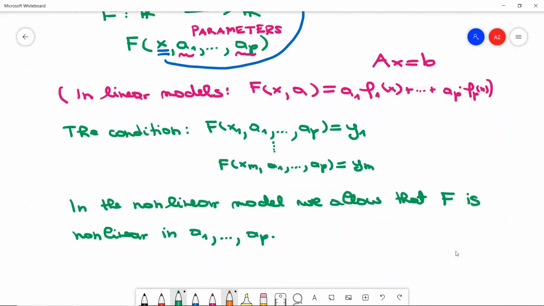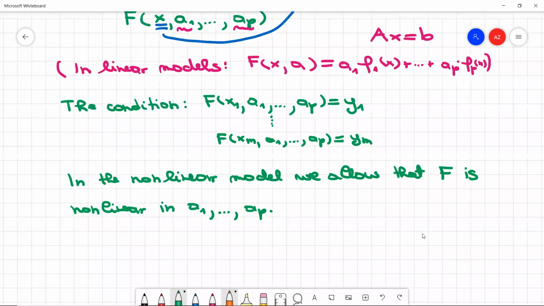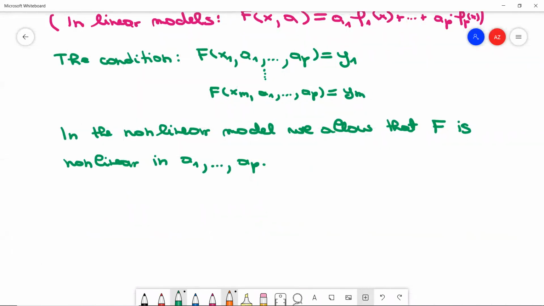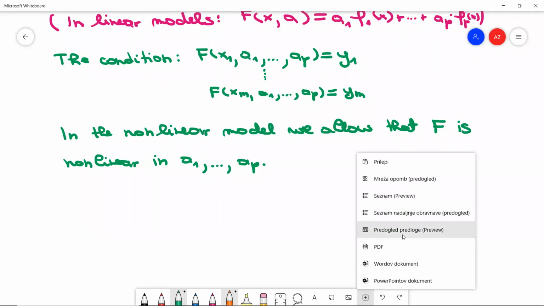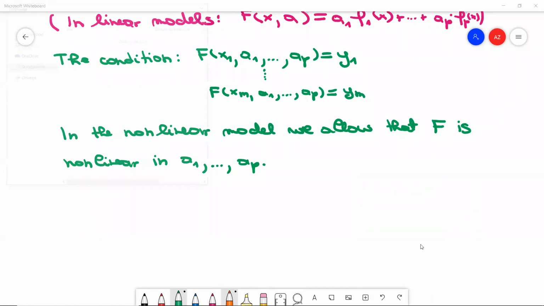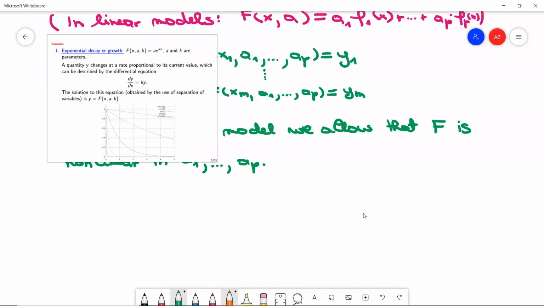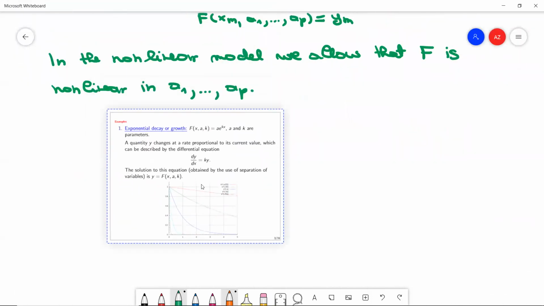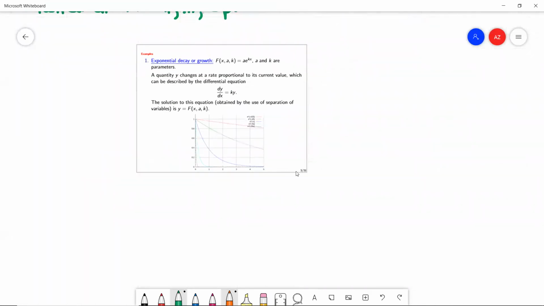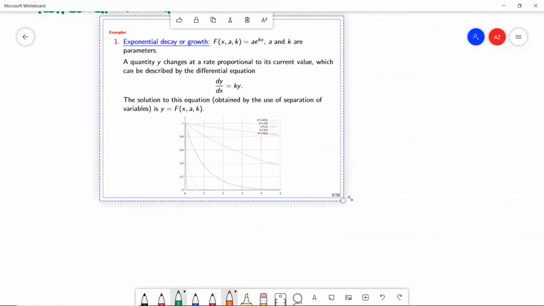Now, let's look at some examples which naturally occur in the real world. I will just use slides for those three examples. One example is so-called exponential decay or growth.